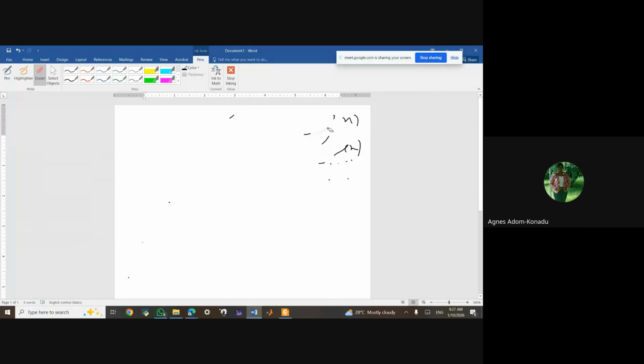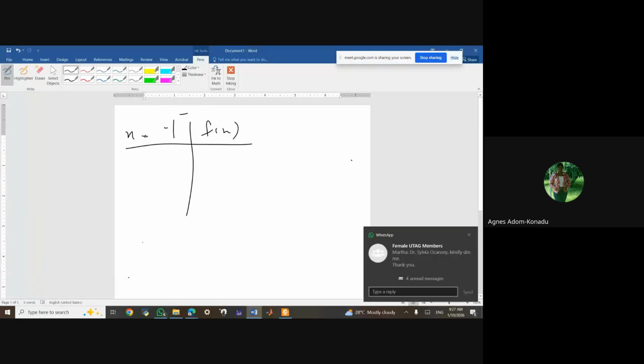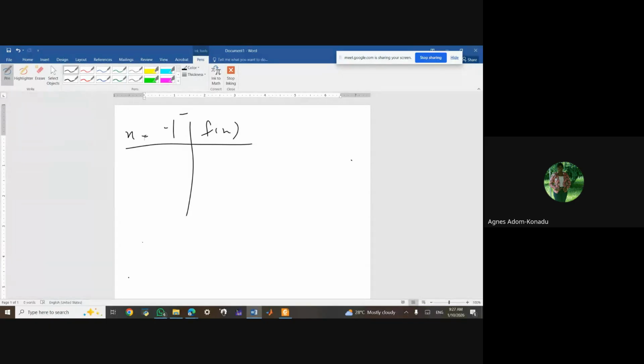Now we want to look at what happens as we approach from the left. I have my vertical asymptote, s equal to -1, and my function f of x, which is 2x plus 1 over x plus 1.